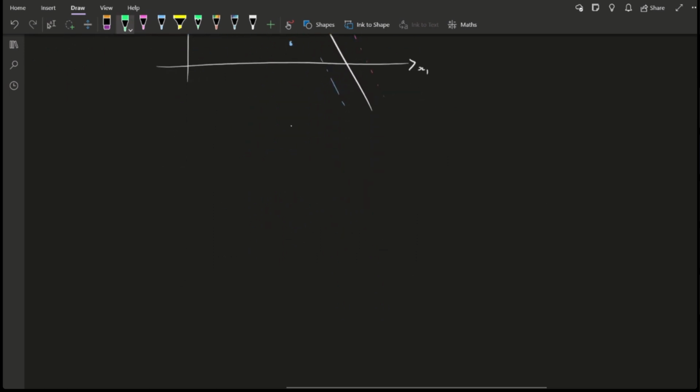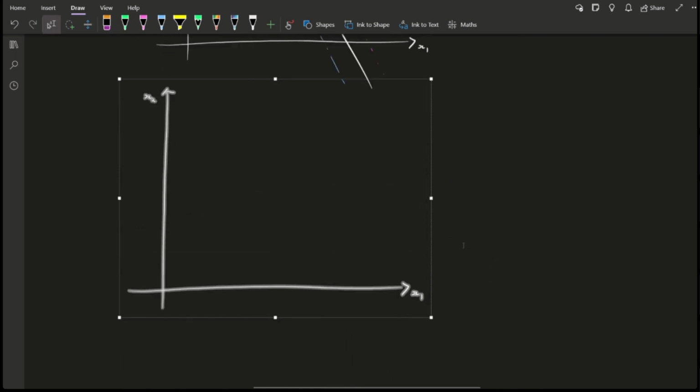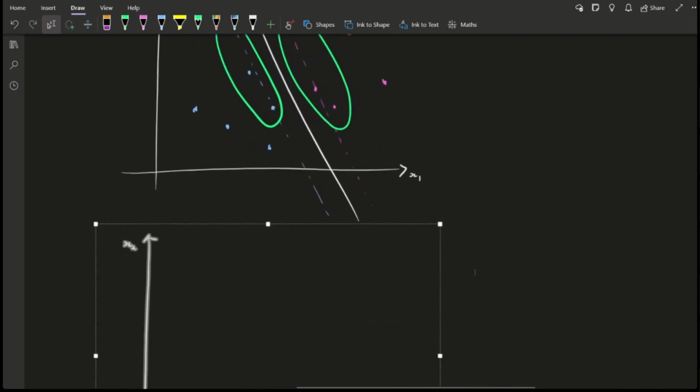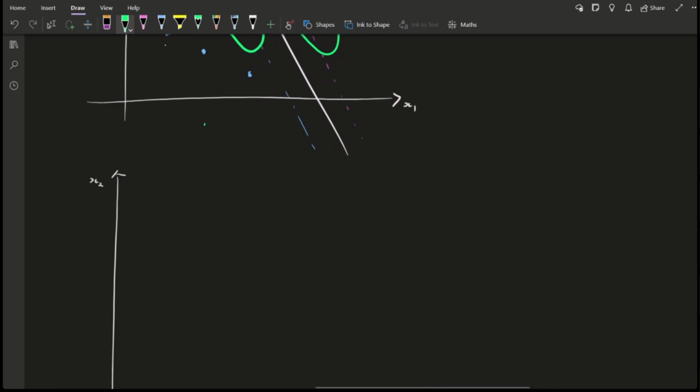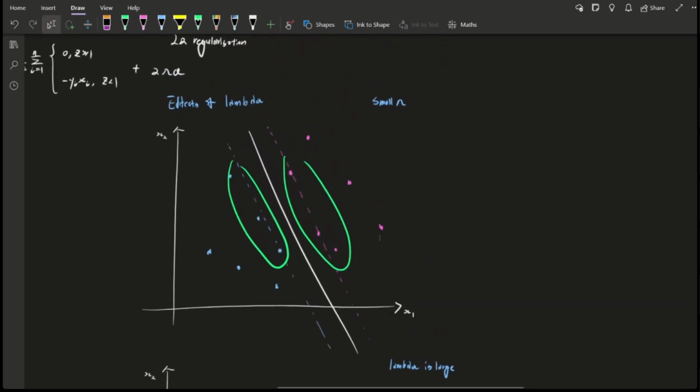Whereas if we go ahead and increase lambda, lambda is large.